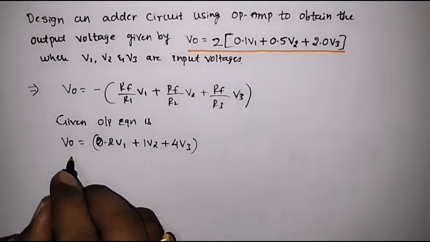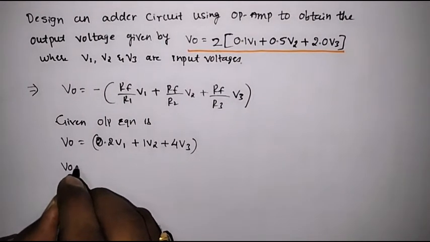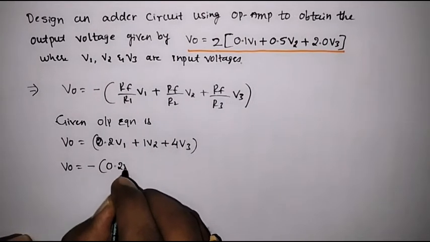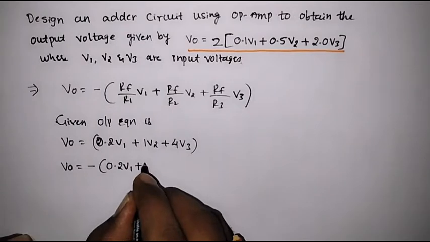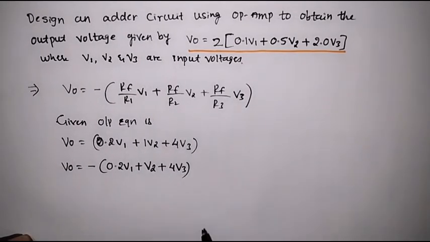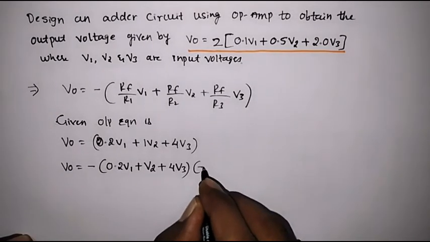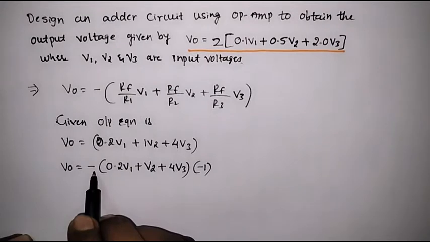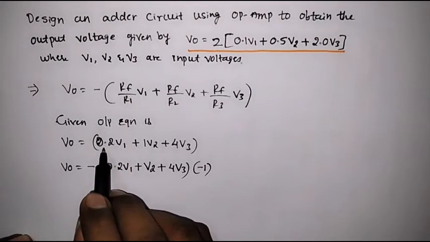So I will rewrite this expression as VO is equal to minus of minus 0.2 V1 plus V2 plus 4 V3, and I will multiply this with minus 1, so that this minus 1 and this minus will become plus and we'll get back the same expression.